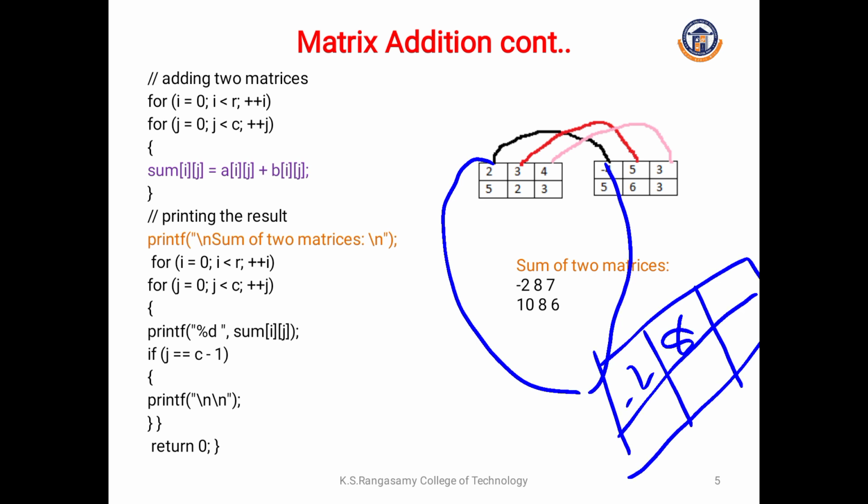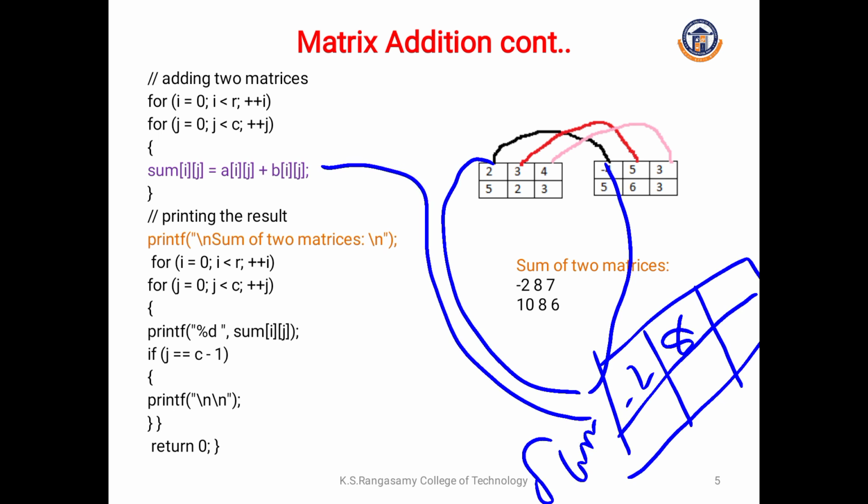So the sum matrix's first element is equal to the first element of the A matrix added with the first element of the B matrix. That is how I have written the code.